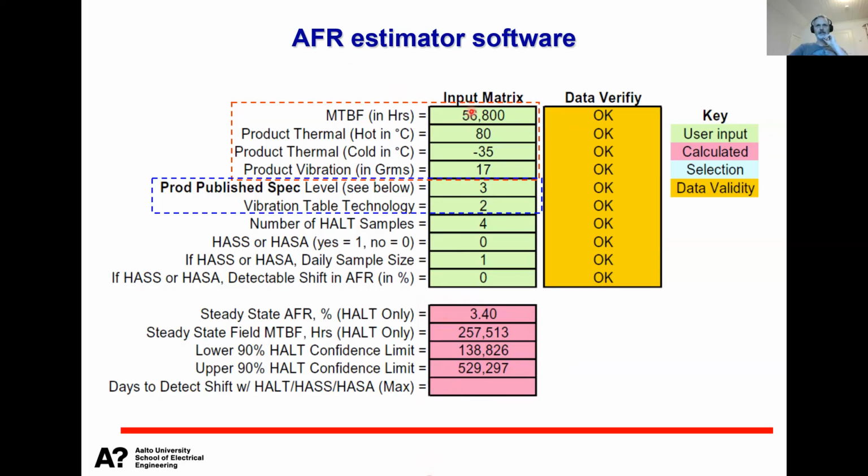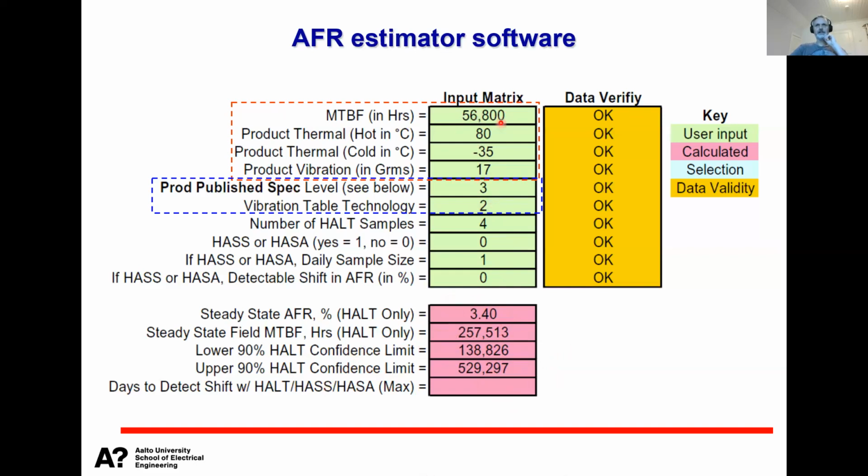As you can see, there are basically 6 values which the user must input, and then there are the rest, 4. These are just the number of samples which come from the statistical mathematics, so you can get the confidence levels. But basically, out of these 6 values, the software calculates the average failure rate or mean time between failures.